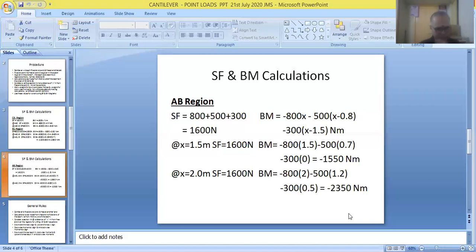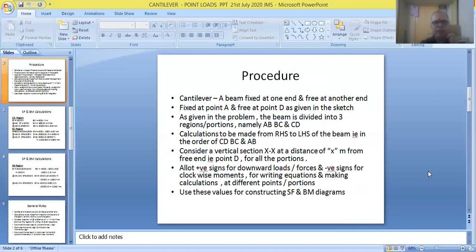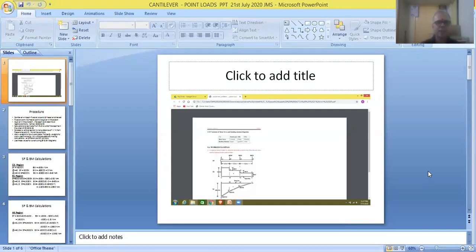So friends, we got all these values. Take these values and all these values are plotted in the form of diagrams. At X equal to 0, the shear force is 800.